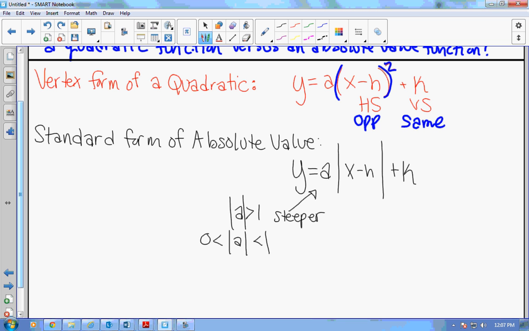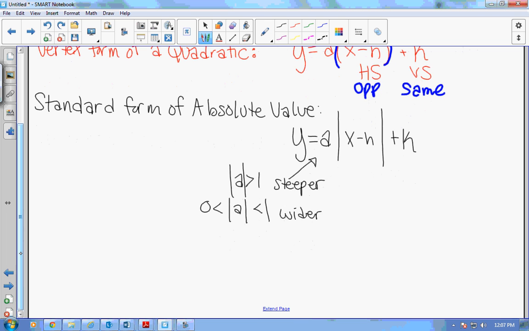It'll be less steep or wider. And then the last thing A can do is if A is negative. If A is less than 0, just like a quadratic, if it's negative, what happens to the graph? It flips. Okay, AJ, I really want you to put that phone away.